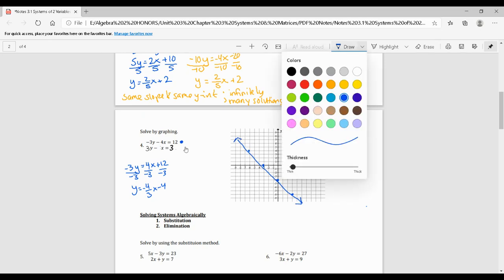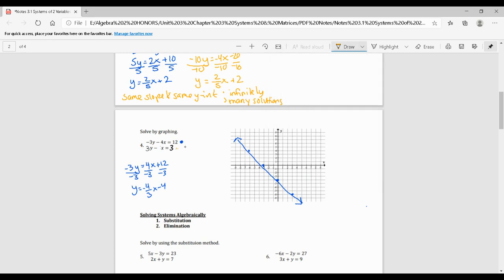Now we'll take our second equation and we will add x, divide by 3. Sorry, that's a plus. y equals 1/3 x plus 1. Plot at y equals 1, go up 1 over 3 or down 1 over 3.